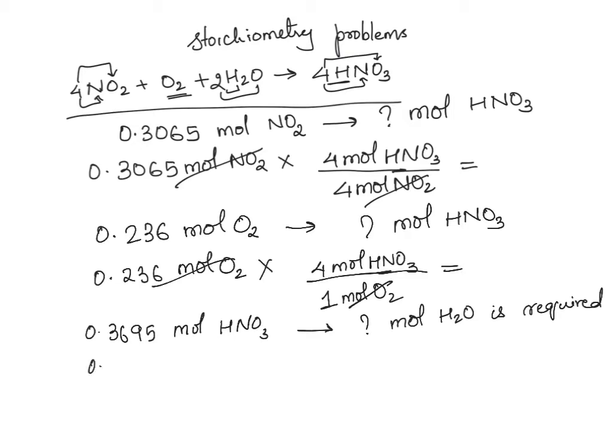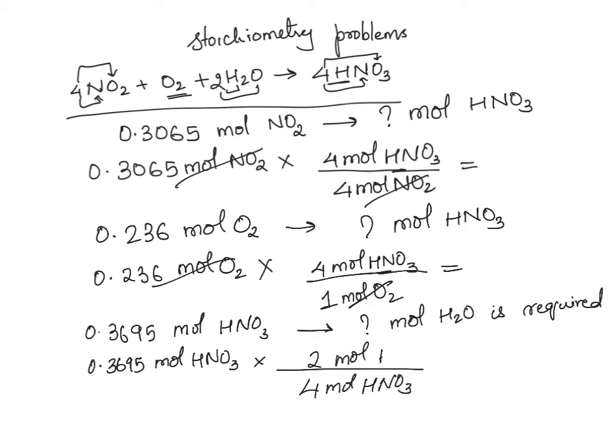We need to produce 0.3695 moles of HNO3. Every 4 moles of HNO3 requires 2 moles of liquid water. Right? So you can get moles of water here. So this is the simple versions of these stoichiometric problems.